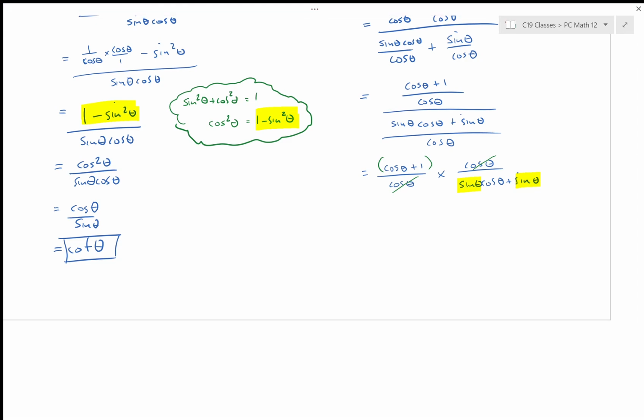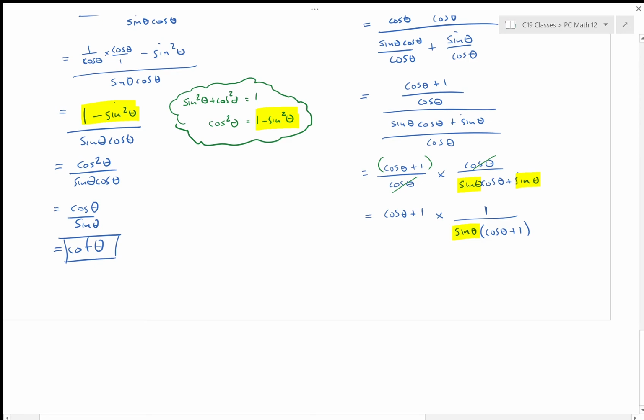So this is hard for me to explain even in class when I'm standing there and I'll point at it with my pen and try to tell you, when I'm trying to figure it out or trying to get you to figure it out. But what I have here now is this. This is over 1 because we crossed out the cosine thetas. And I can factor out sine theta from both of these and I'm left with cosine theta plus 1. Now I'm going to highlight that sine theta. I factored it out of both of the terms.